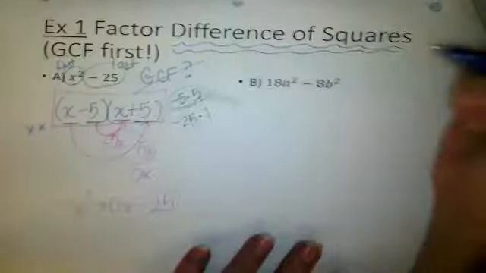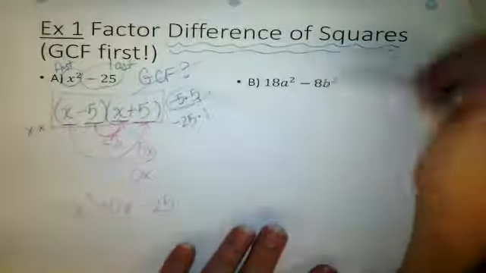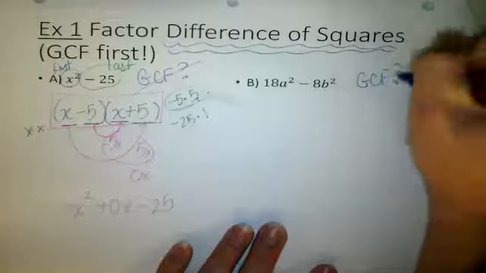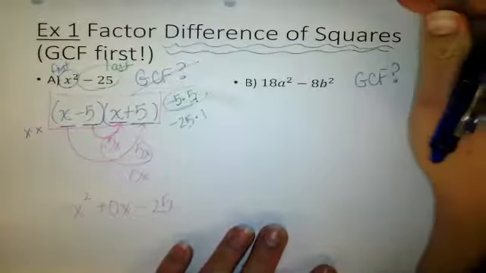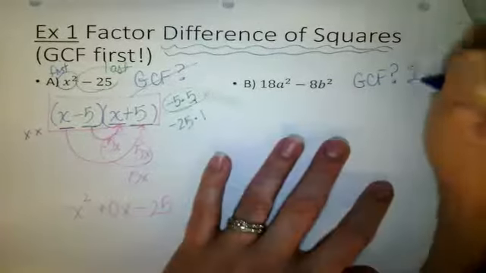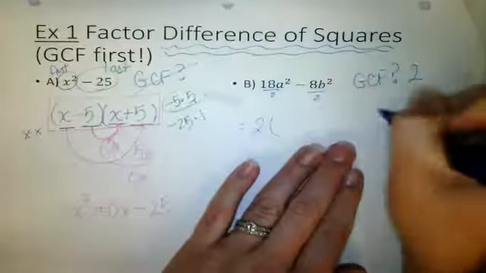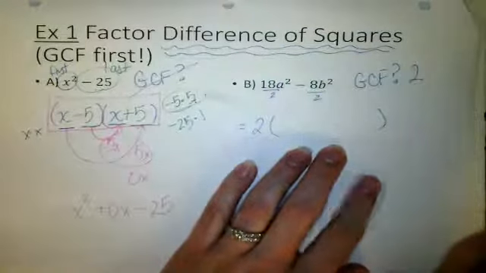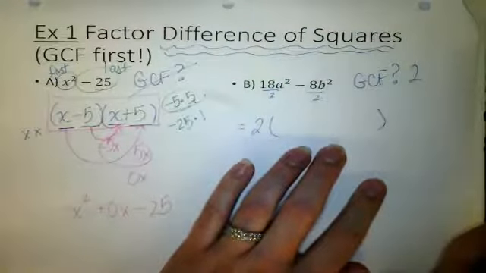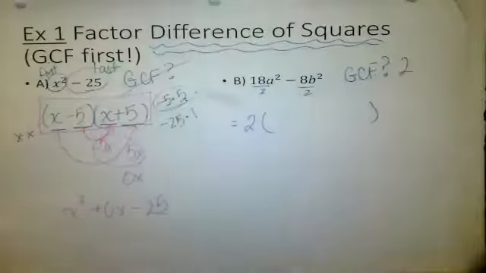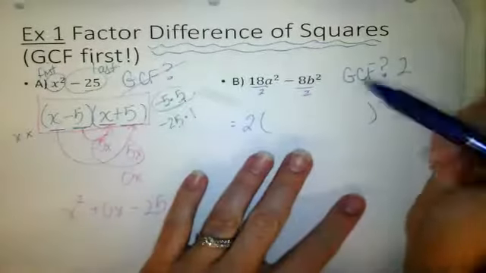All right, letter B. 18a squared minus 8b squared. First question, is there a GCF? 2. We can take out a 2. So we're going to divide each term by 2 and relocate that 2 out in front. Take out the 2. Take it out in front. It's like reel it in, if you're fishing.